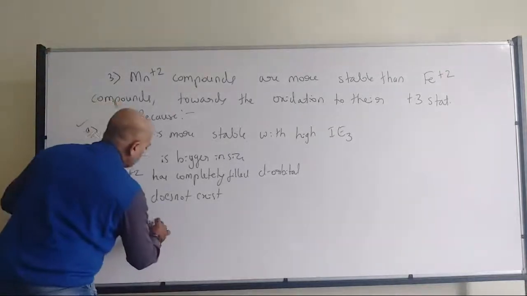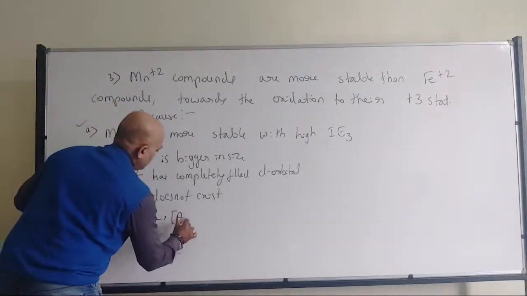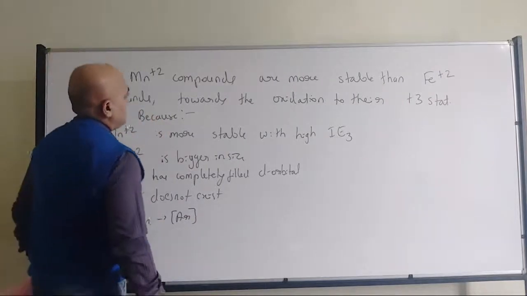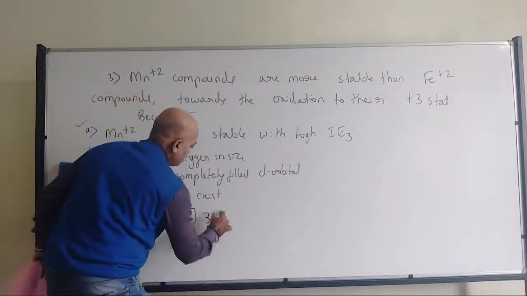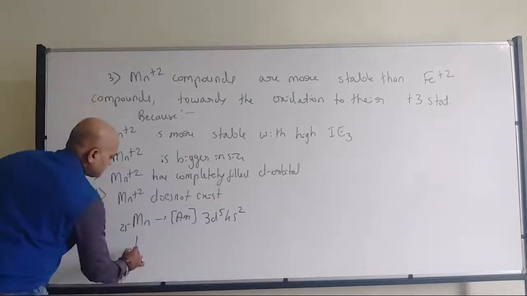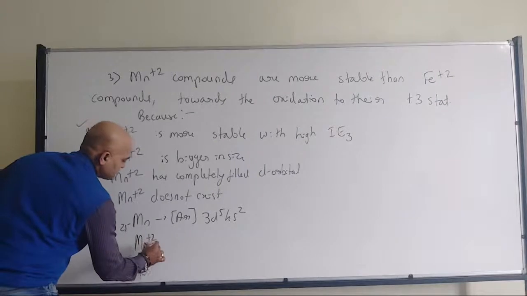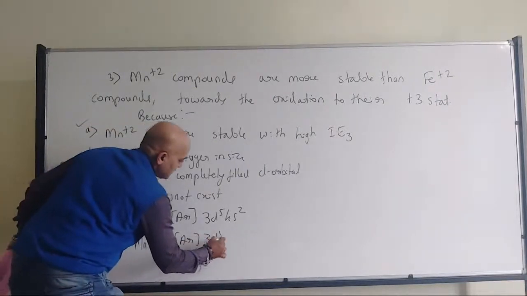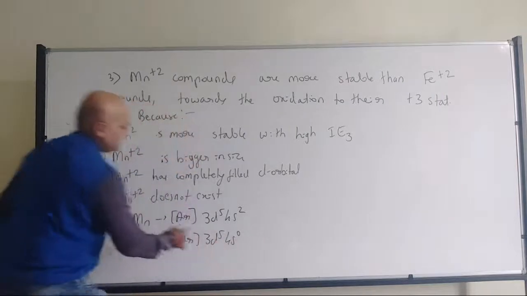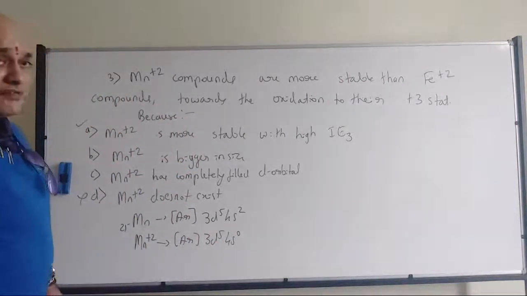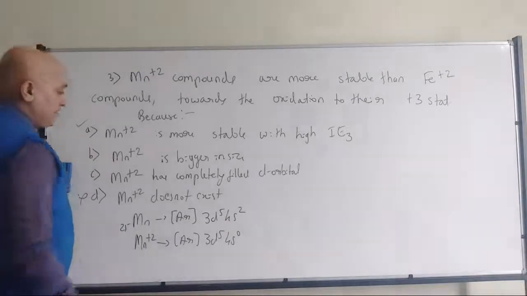So it should have electronic configuration argon 3d5 4s2, right? So naturally manganese plus 2 will have argon 3d5 4s0, a stable electronic configuration. Manganese plus 2 is having stable electronic configuration.